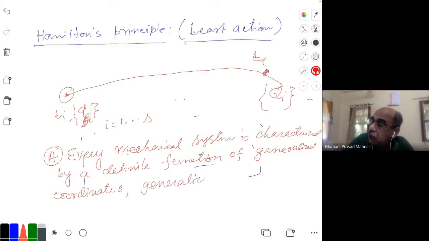I forgot to tell you what a generalized velocity is.